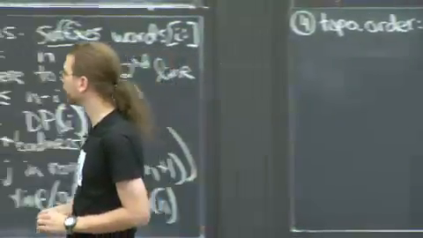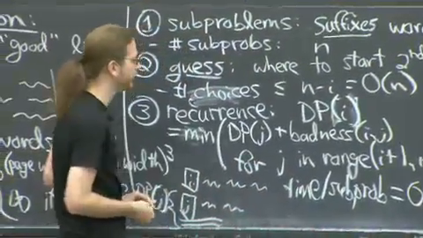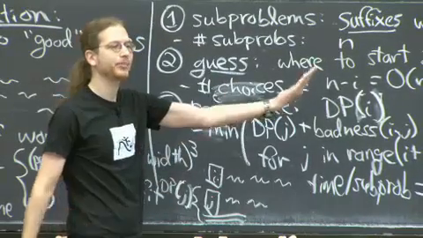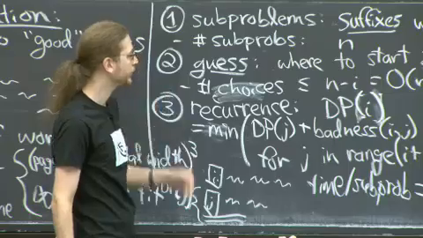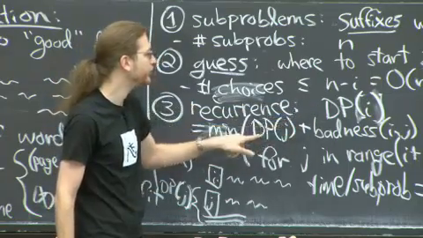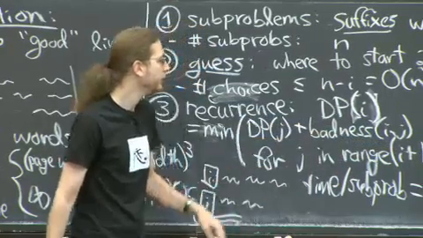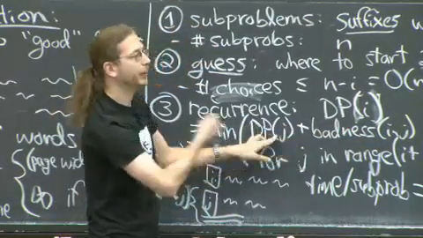And this is easy, but a little different from what we've done before, because we have to actually work from the end backwards, because we're expressing dp of I in terms of dp of larger values of I. J is always bigger than I. And so we have to do it from the right end back to the beginning.